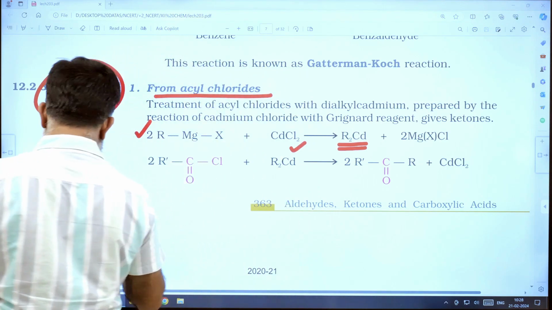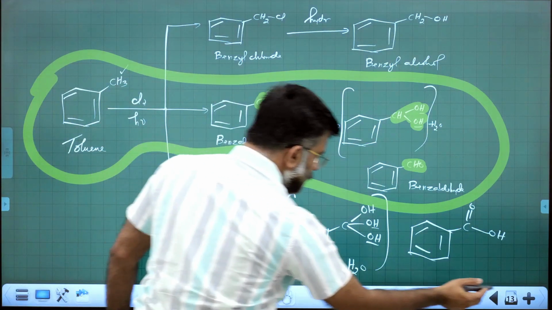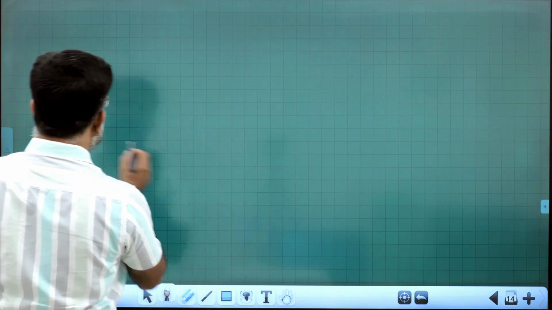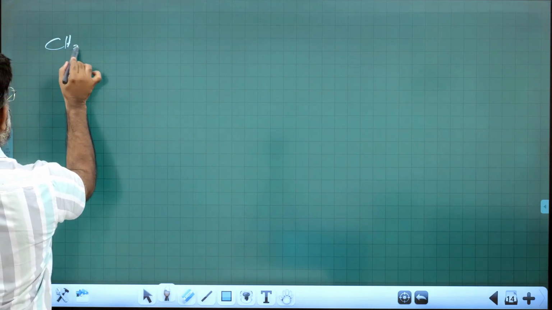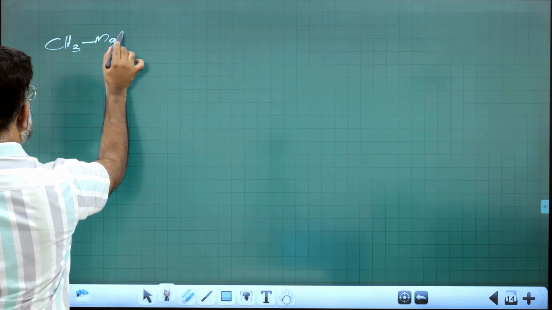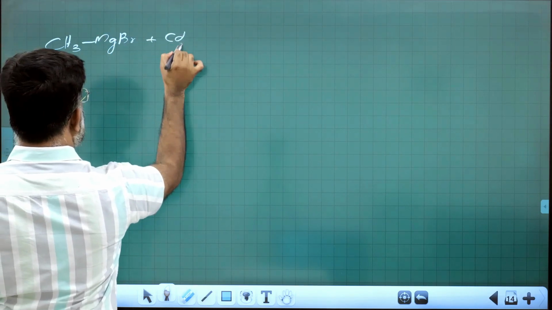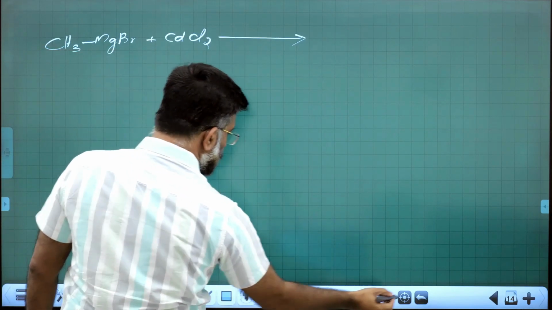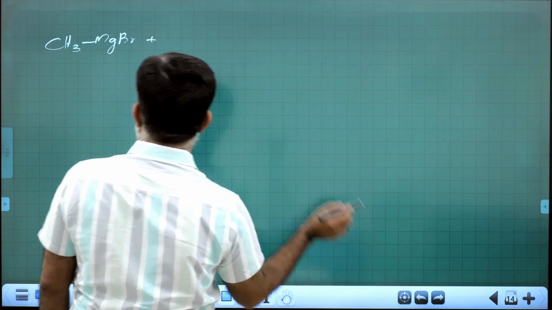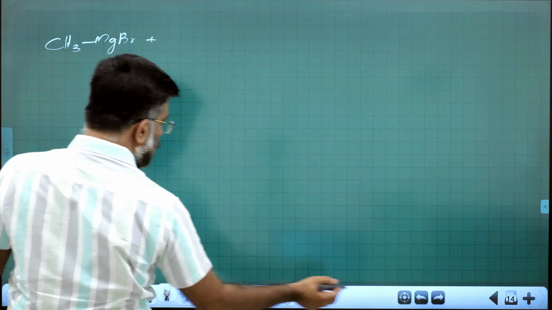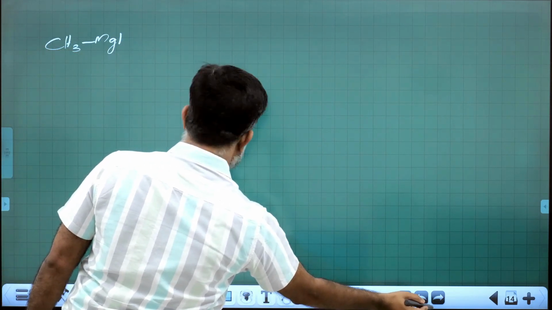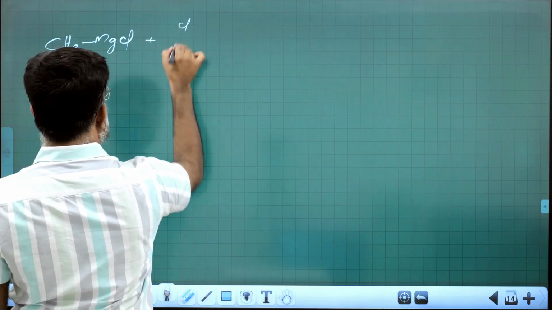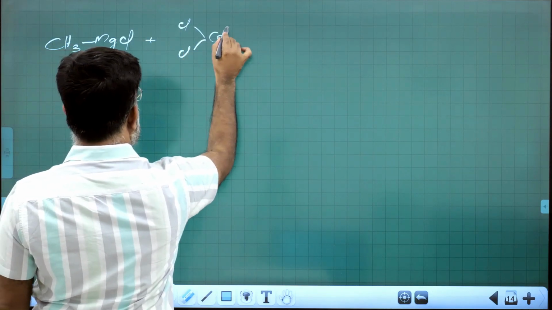Say for example, we take a Grignard reagent CH3MgBr, or let it be CH3MgCl, treated with cadmium chloride, CdCl2.